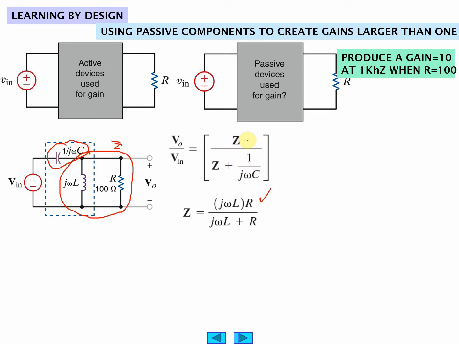Same formula as voltage dividers. If you had R1 on top and R2 on the bottom, this would be R2 over R1 plus R2. Okay, so far so good.